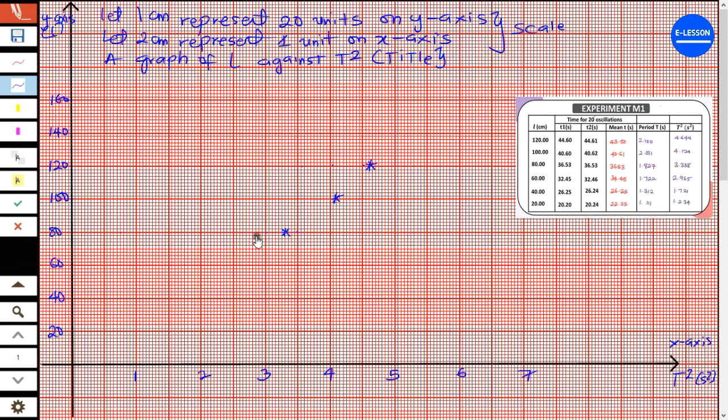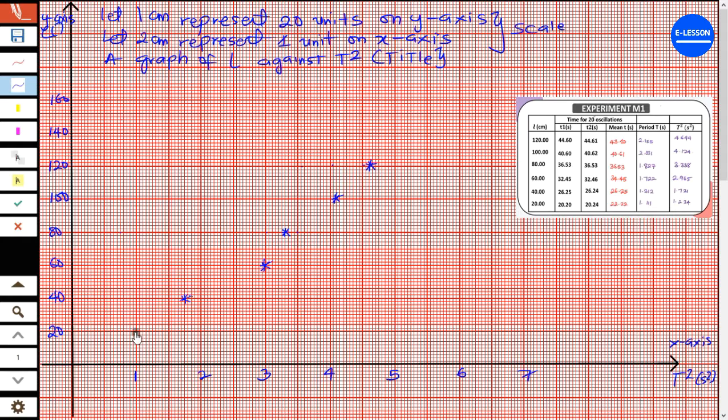Now we have 60 here, and then we have 2.96. 2.96 is approximately 3, right? So we take 60 here, and then we take 3, right? And then the next one is 40, and then we have 1.7. So we take 40, and 1.7 is very close to 2. So let me take here as my 1.7, right? It mustn't be exactly that, but I just took that point. Now we have 20, and 20 is 1.2.